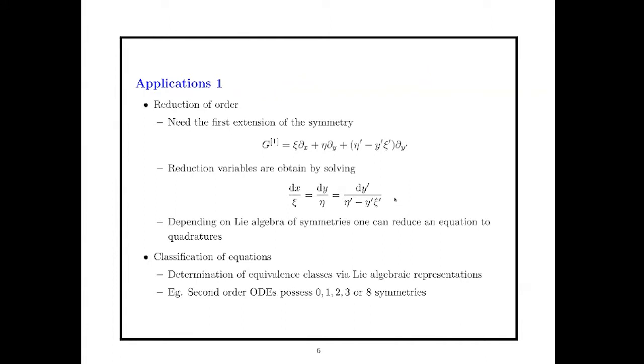This will give us two invariants, one that just depends on the variables, the second one that depends on the variables and the first derivative. And once you use these two variables, you can write your original equation of order n now as an equation of order n minus 1 exclusively in these new variables. This is the power of the method of Lie. Once you define these variables, the reduced equation will only be in terms of these new variables.